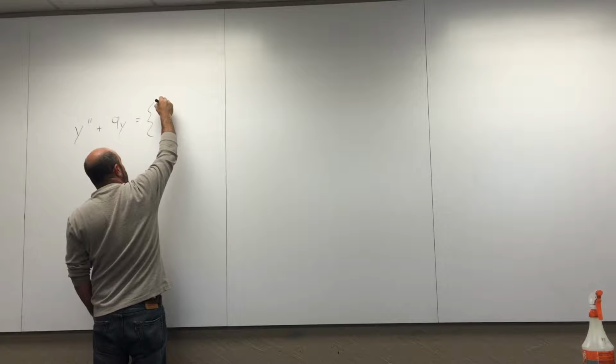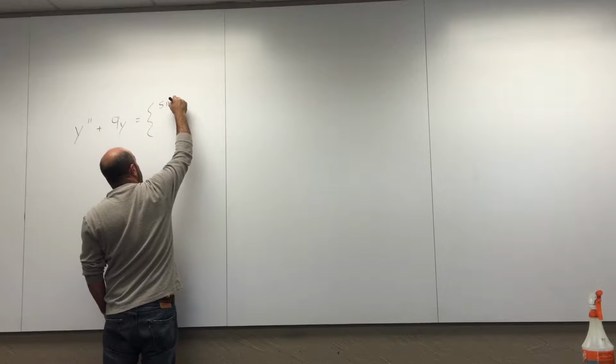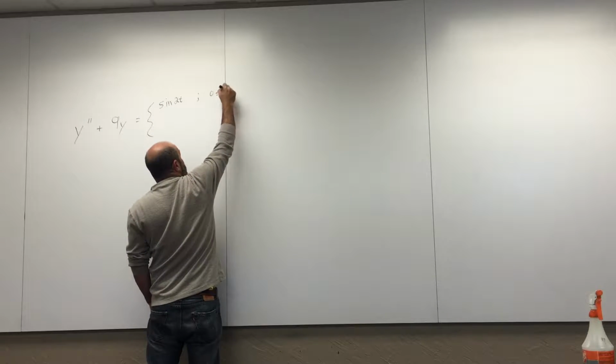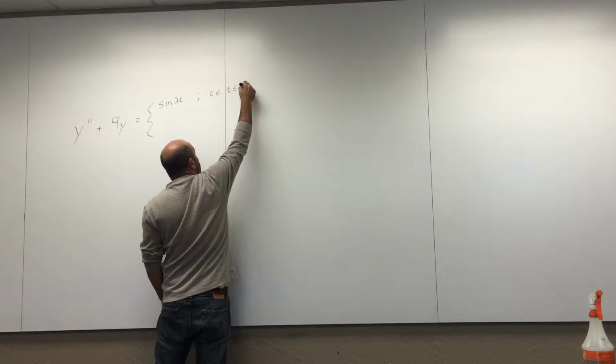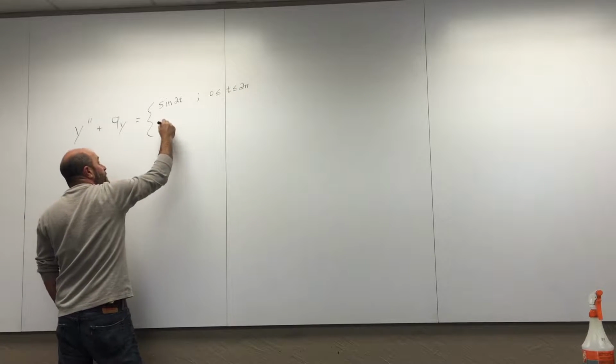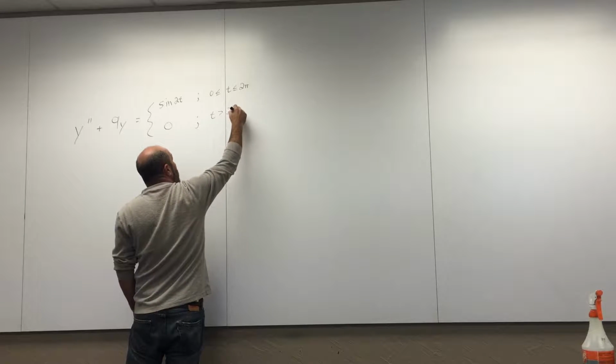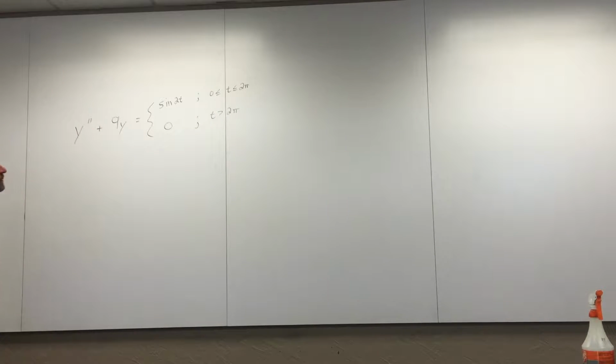I think it's going to be the sine of 2t, and that's going to happen for the first 2 pi. And then it's 0 after that, after t is greater than 2 pi. Yeah, this is a good problem.